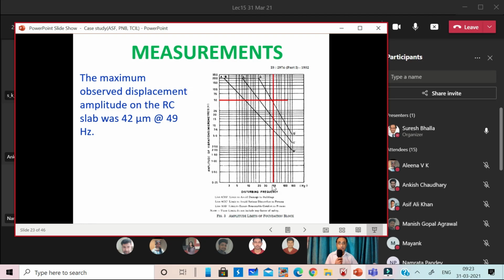Here we have the chart, and at around 50 hertz I am drawing the line. 42 microns is somewhere here. So definitely it's even exceeding the limit for structure safety also.